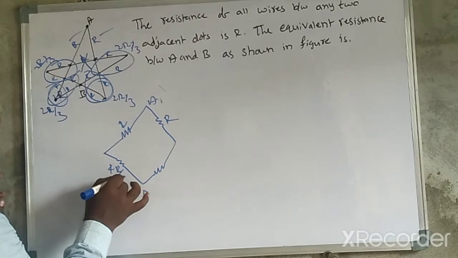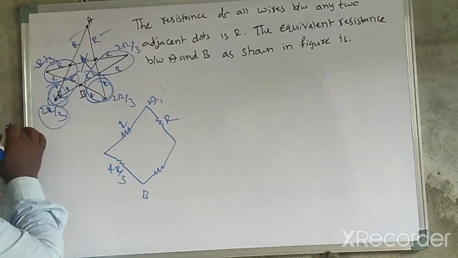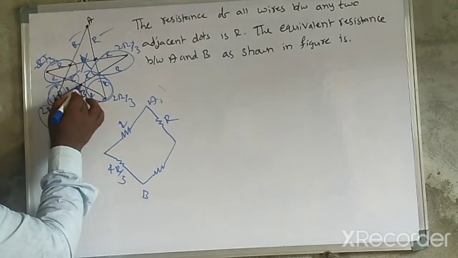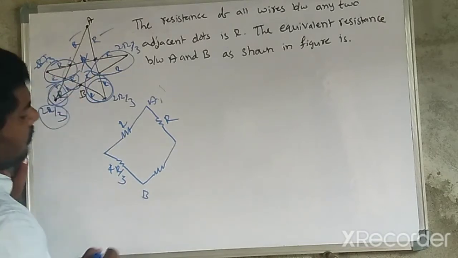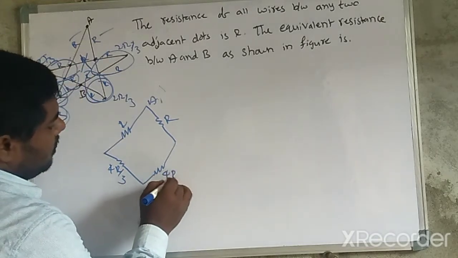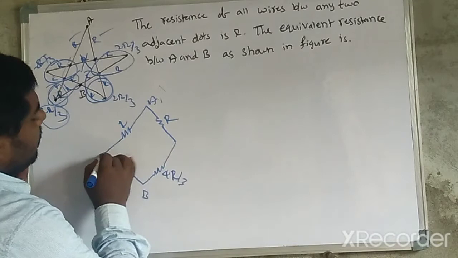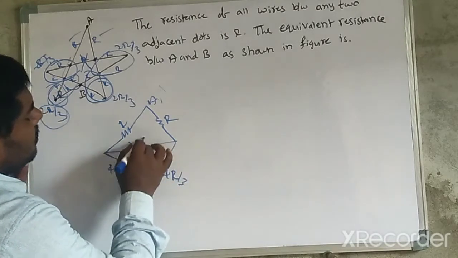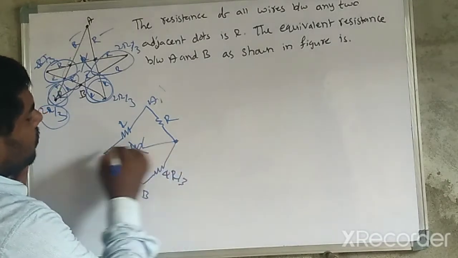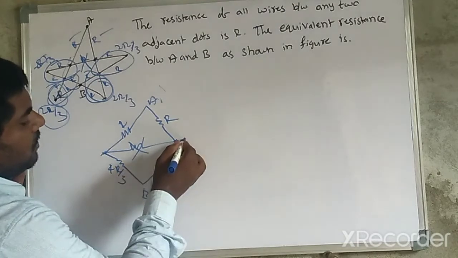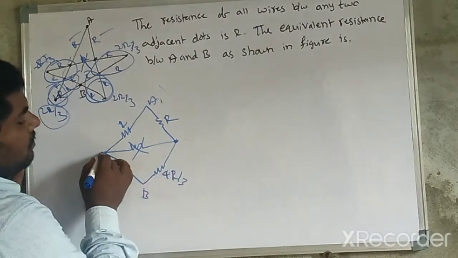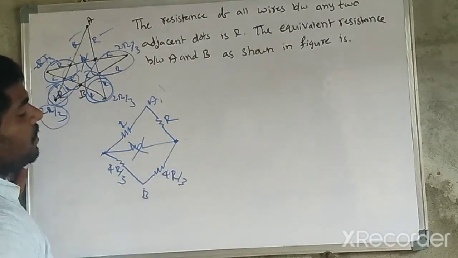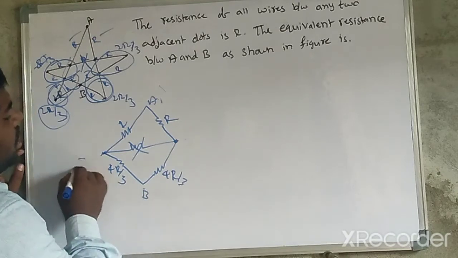Here the 4R by 3, because here 2R by 3 plus 2R by 3, so here the connection is like this now. So here also 4R by 3. In between, this resistor you may remove, because here the potential after crossing here 4R by 3, and after crossing here the 4R by 3, is the same potential, that's why you may remove it.